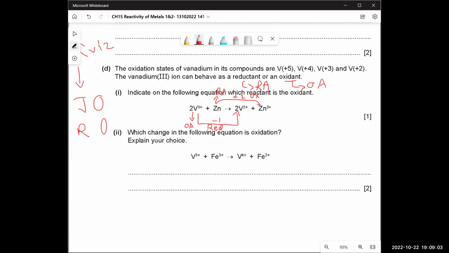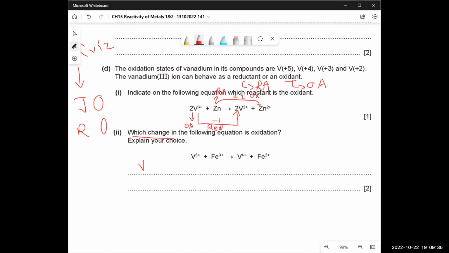No. Now, which change in the following equations is oxidation? Tell me. Iron, obviously. Iron is oxidant. When they're not asking oxidant now, they're asking oxidation. Which change is oxidation? Vanadium to what? I'll tell you how to write this.